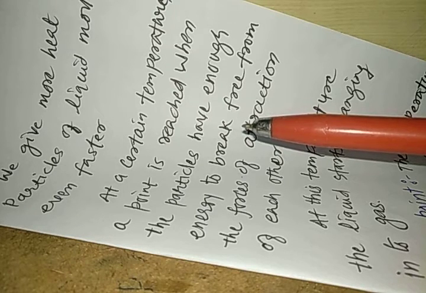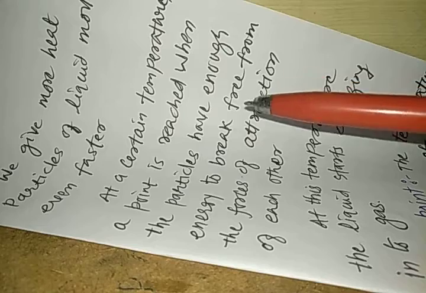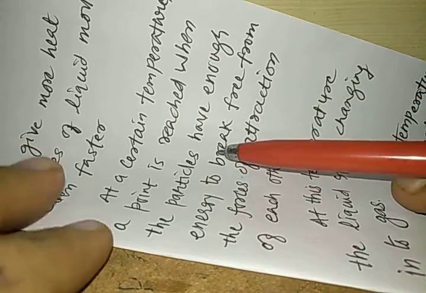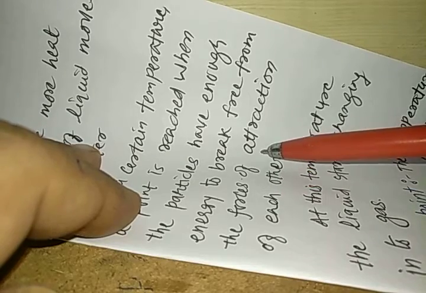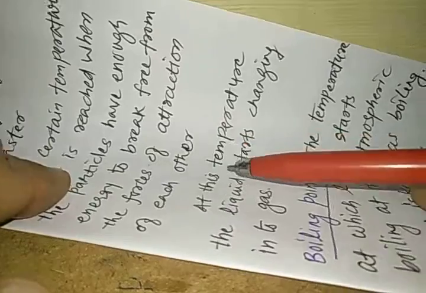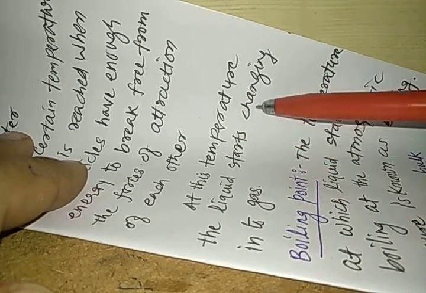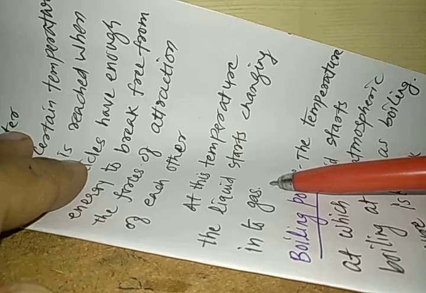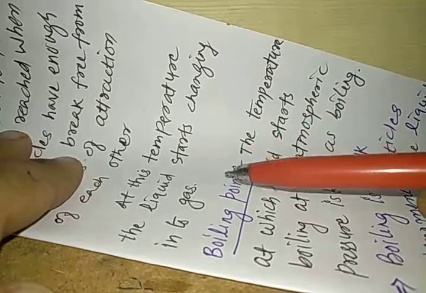A point of temperature is reached where these particles move very freely, so the particles have enough energy to break free from the forces of attraction. Their forces of attraction are overcome. At this temperature, the liquid starts changing into gas. This liquid turns into gas.